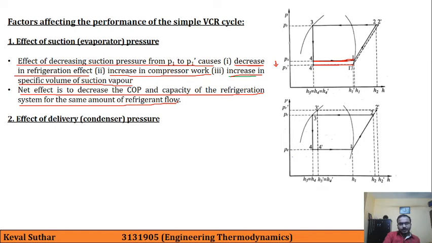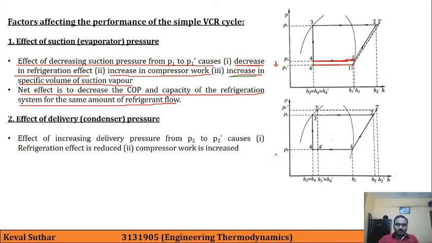Now the next condition is the effect of delivery or condenser pressure. That is the second case, this second figure here. Our original condenser pressure was this, and we have increased the condenser pressure here.